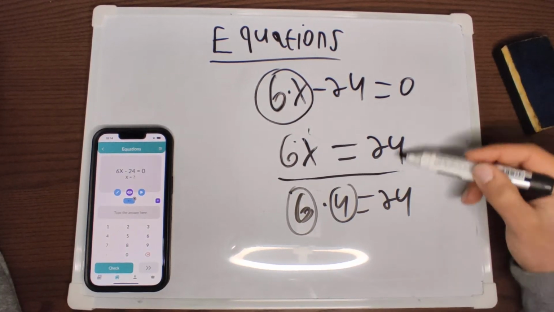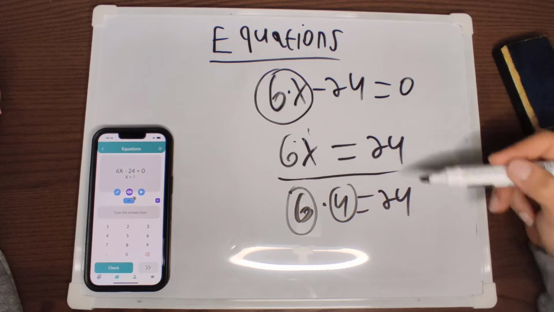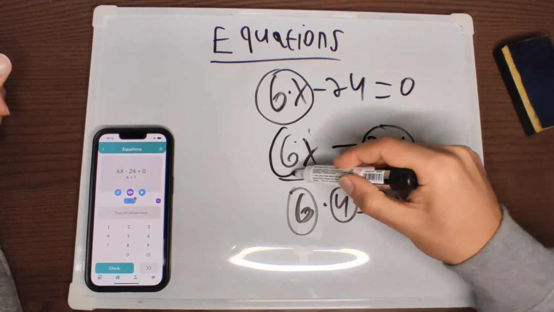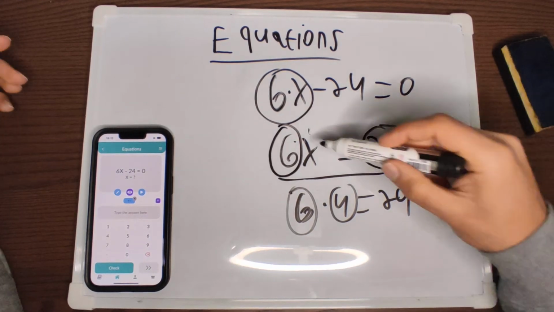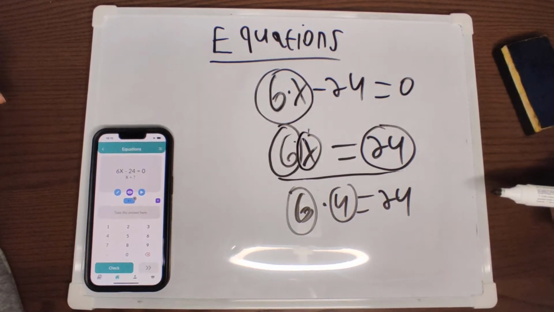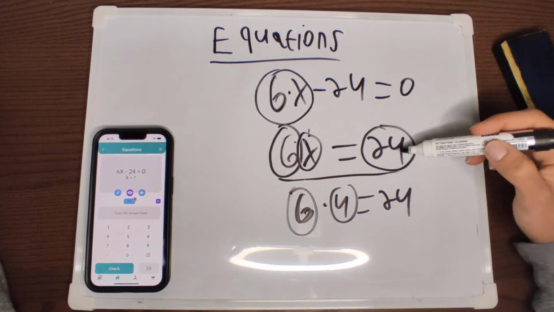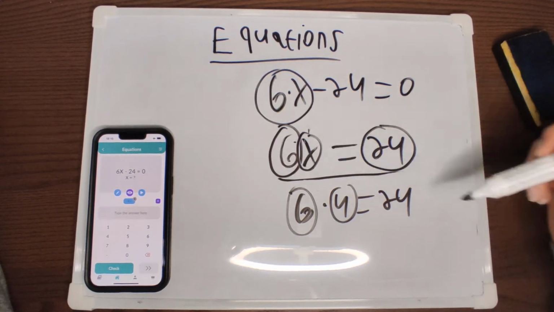So if we look at this in parallel, we take this number, divide it by this number, and then we get this number. So that's actually what we did. We took 24 divided by 6, which resulted in 4.